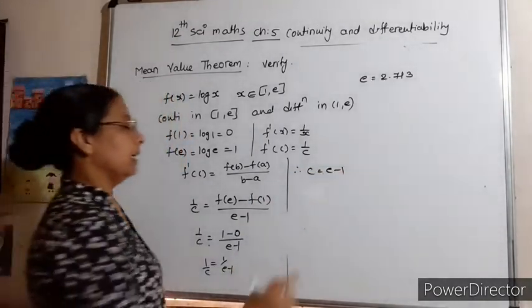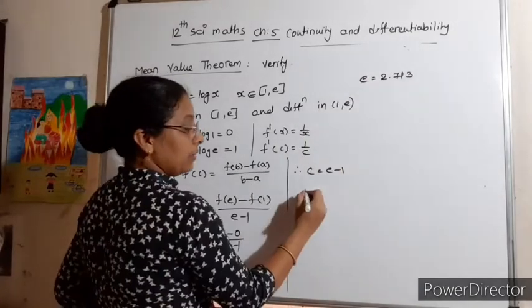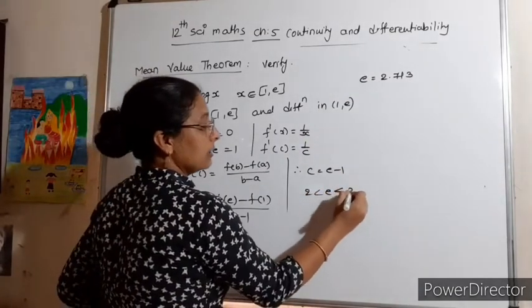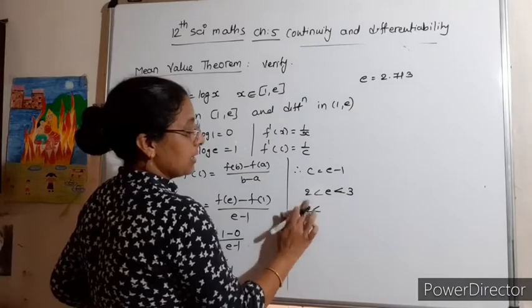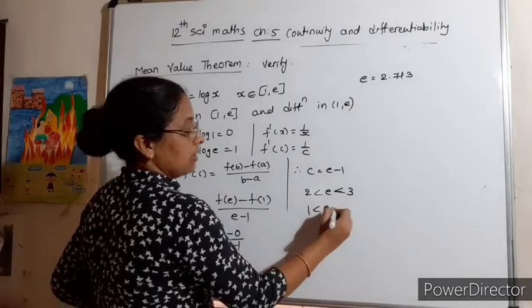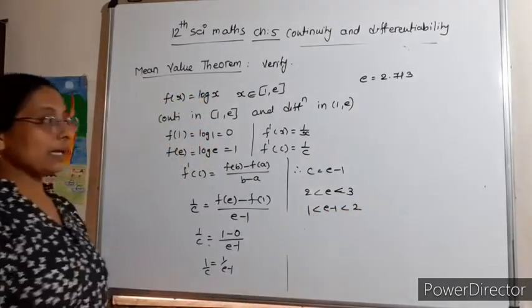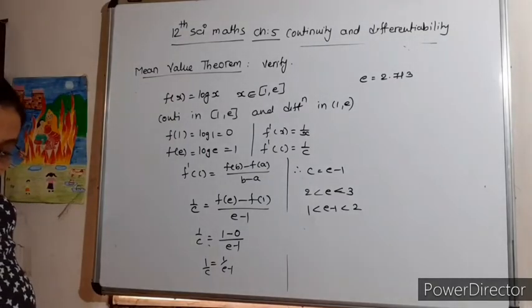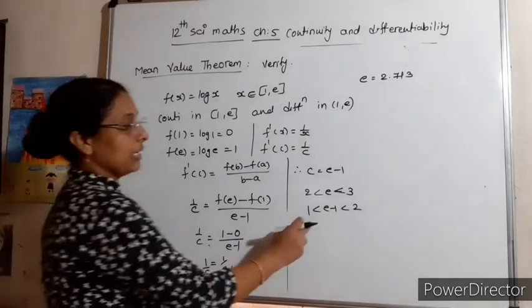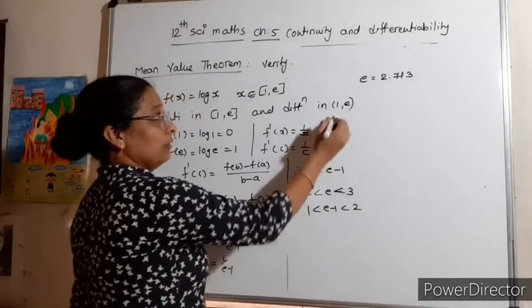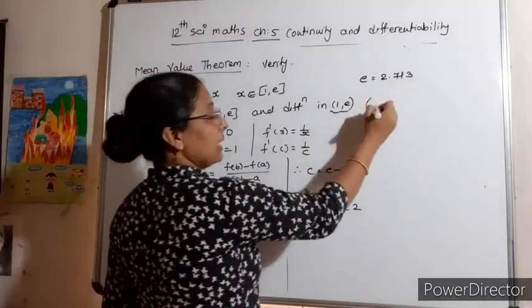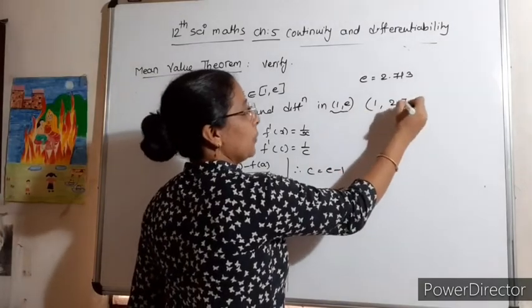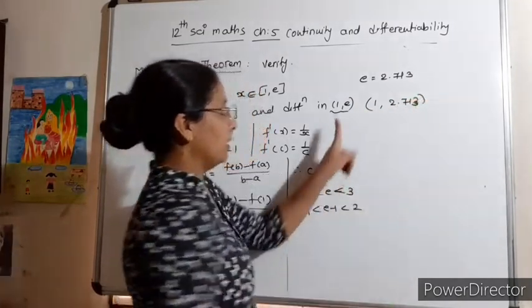Right? Okay. Now the value of e again: 2 less than e less than 3. Then 2 minus 1 is 1. The value of e minus 1 lies between which numbers? Between 1 and 2. So we can say that since it is between 1 and 2, it will lie between 1 and e, because that is 1 and 2.713, 1 and e.